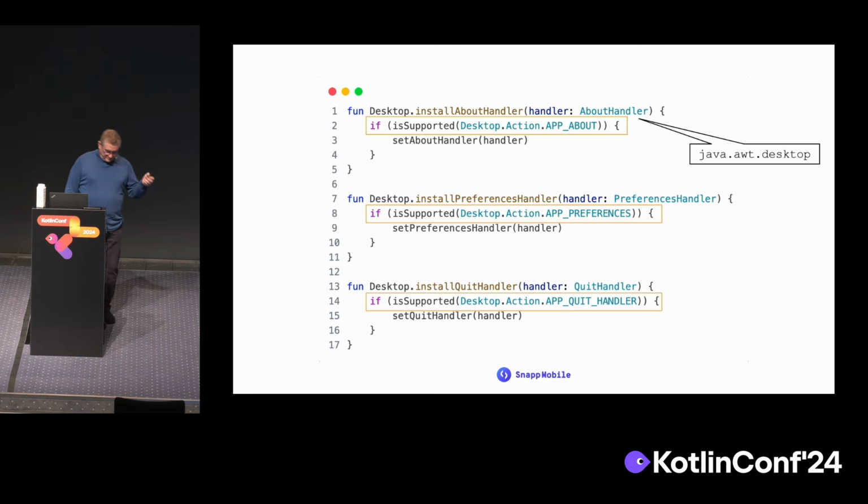So don't blindly register the handler, but make sure that you are running on a platform that offers the corresponding handler. And as you can see, this is a good old AWT class. The first version of this desktop class appeared with Java 9, and it was enhanced through the years. But if you think when Java 9 was released, well, that is a couple of years ago.